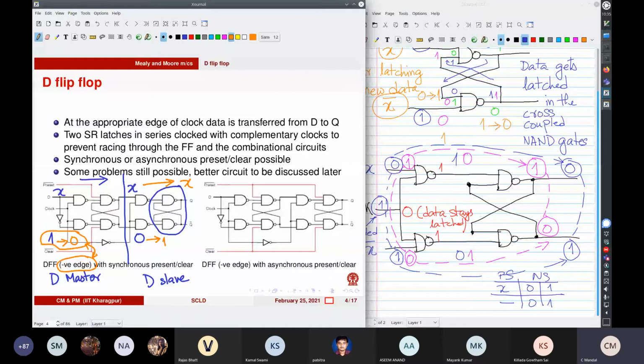So it is preset and clear. What you can see is that when the preset is low, so this is preset bar and clear bar.